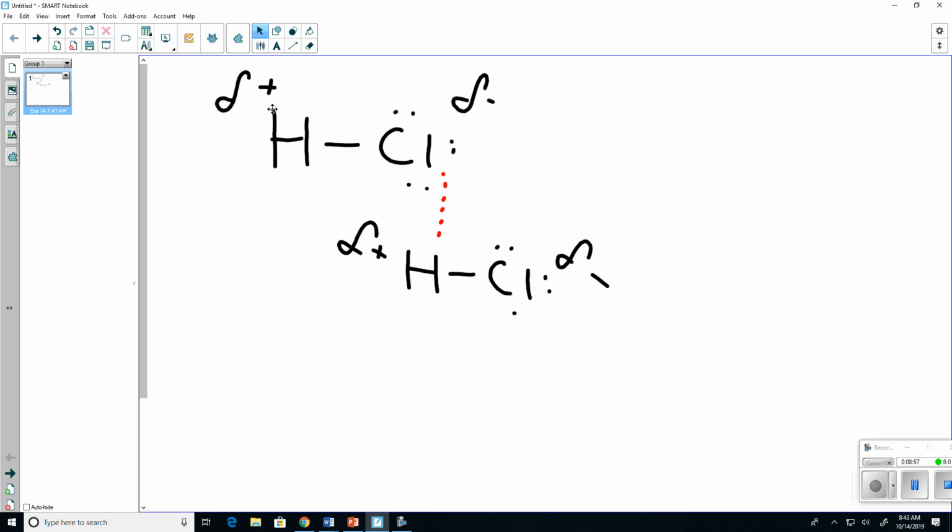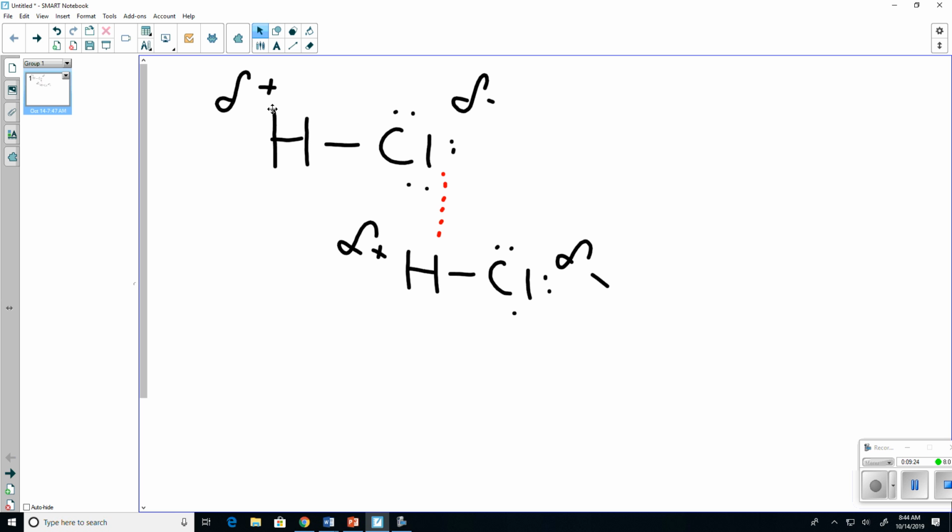Now, just like we could compare 2 nonpolar things, we could compare 2 polar things. The bigger the difference in electronegativity between the 2 bonded atoms, the bigger the dipoles. So even though it's a partial, it could be more of a partial for some things than others. For example, if I compared this to HBr, bromine is less electronegative than chlorine.